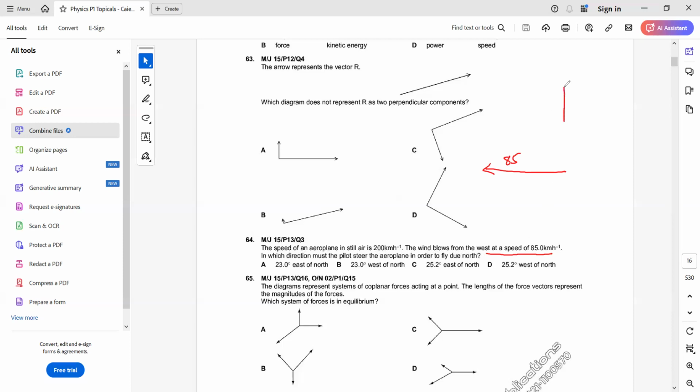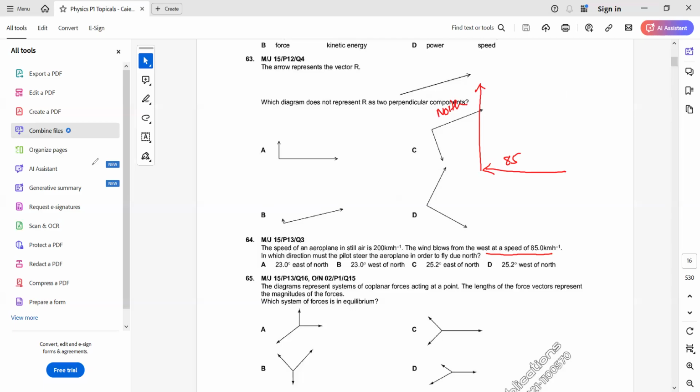That means this is what they are looking for, somewhat like this. They want us to fly north, right? Yes. So basically he has to fly somewhat this way. That would be the resultant here.